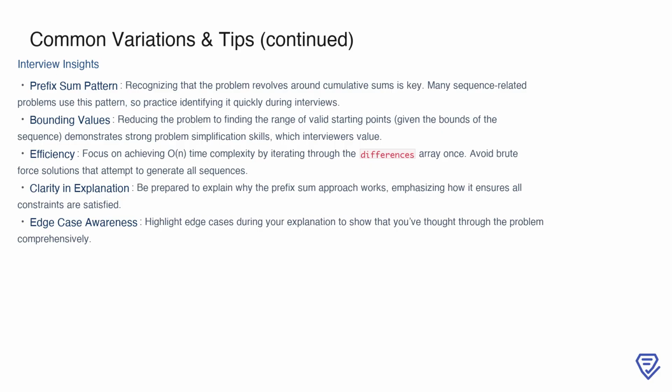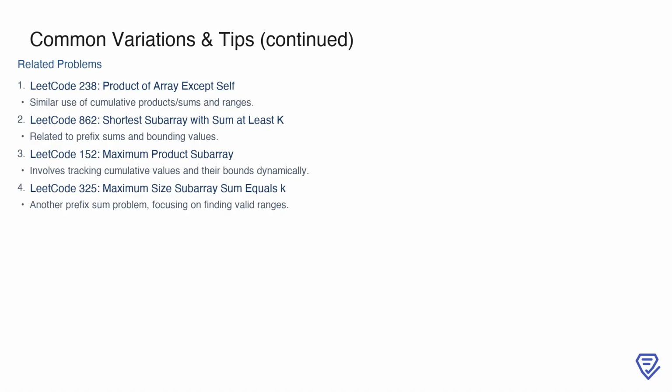This problem also connects to several related problems on LeetCode, which can help deepen your understanding of similar concepts. For example, LeetCode 238, product of array except self, involves cumulative products or sums and their ranges. Another related problem is LeetCode 862, shortest subarray with sum at least k, which also leverages prefix sums and bounding values.